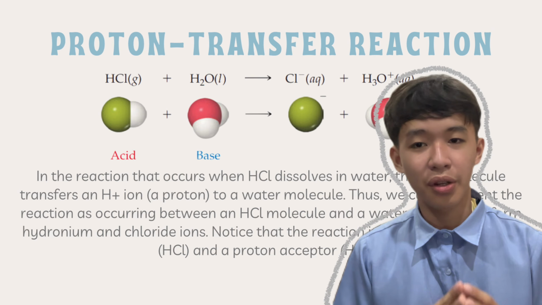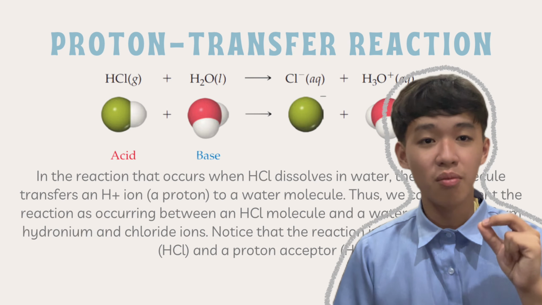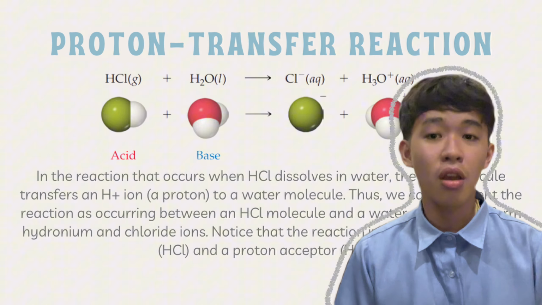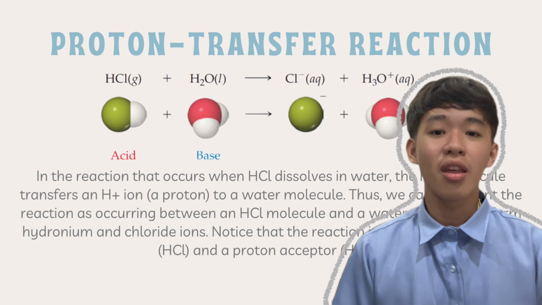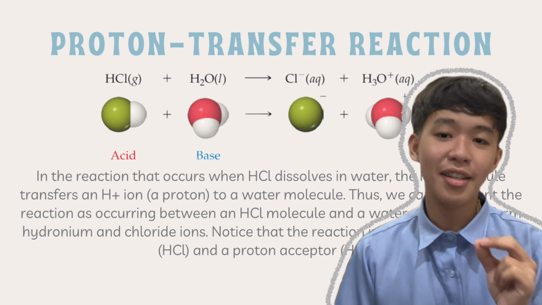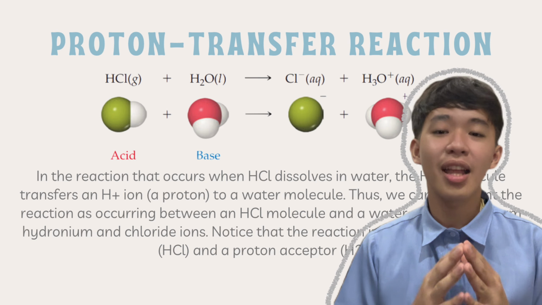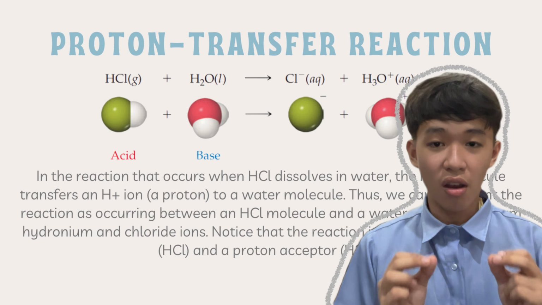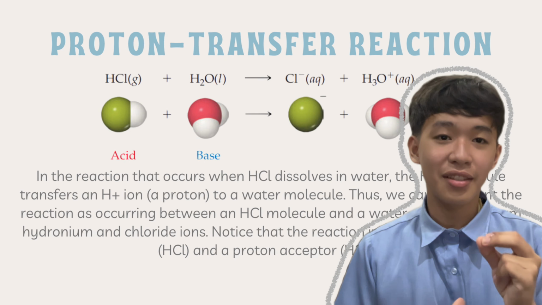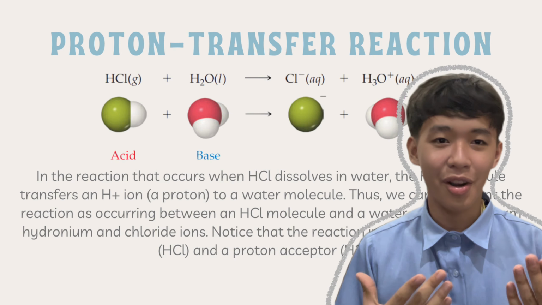In the reaction that occurs when hydrogen chloride dissolves in water, the hydrogen chloride molecule transfers an H+ ion, a proton, to a water molecule. Thus, we can represent the reaction as occurring between an HCl molecule and a water molecule to form hydronium and chloride ions. Notice that the reaction involves a proton donor, which is HCl, and a proton acceptor, H2O or water.